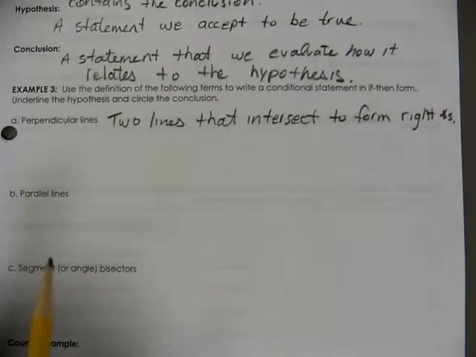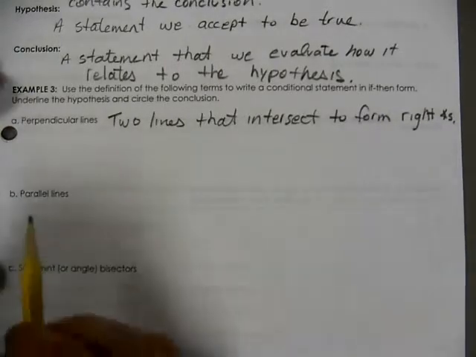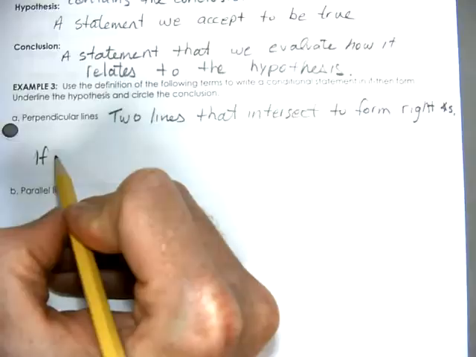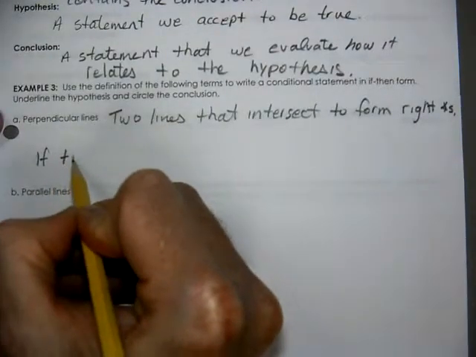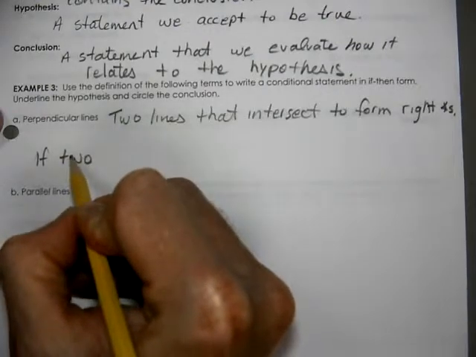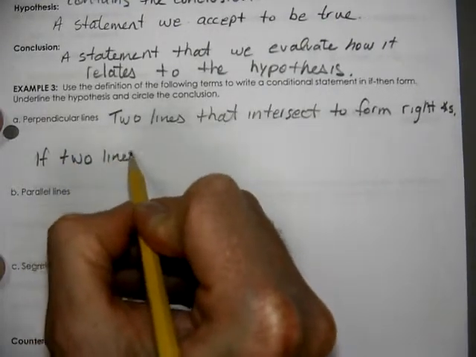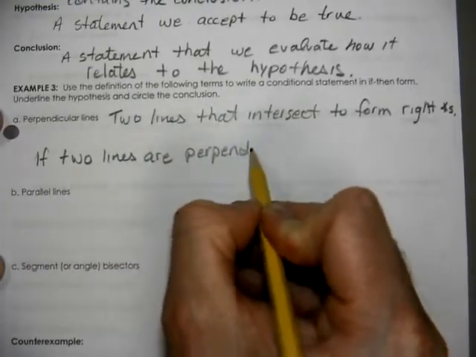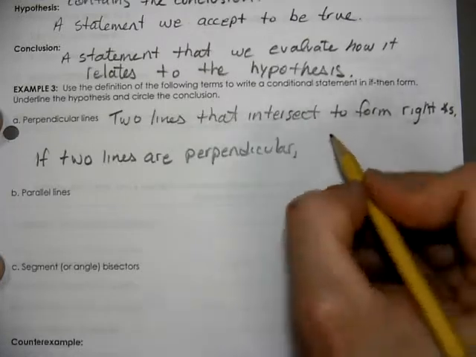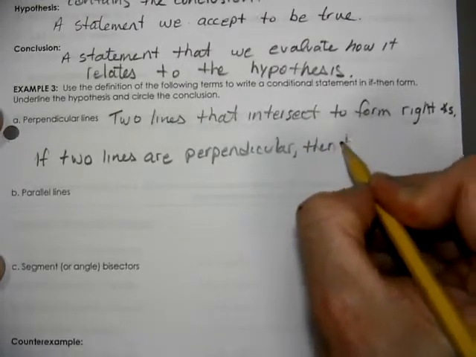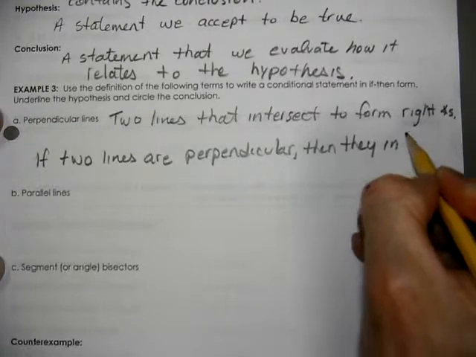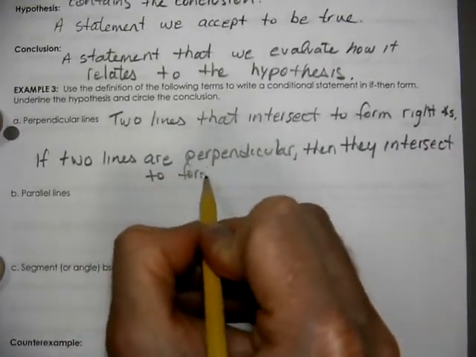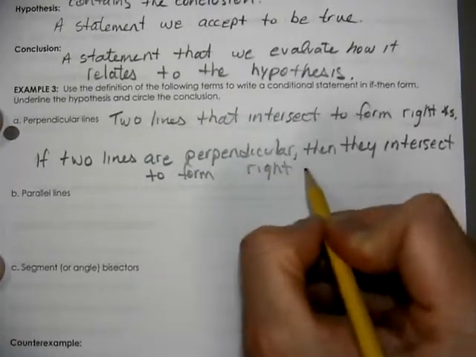Now we're going to write that in an if-then form. So if two lines are perpendicular, then they intersect to form right angles.